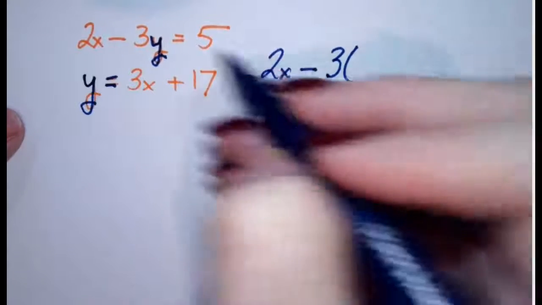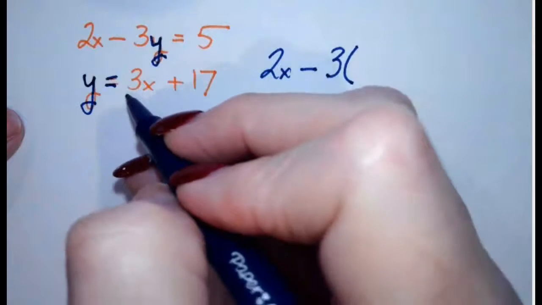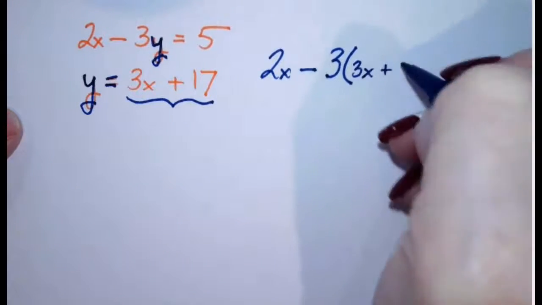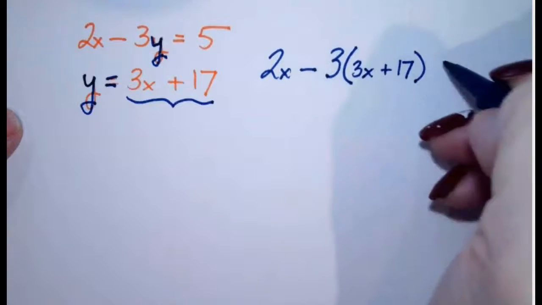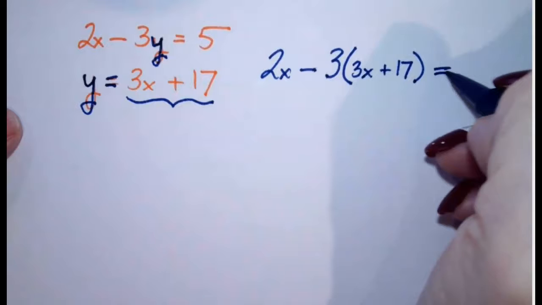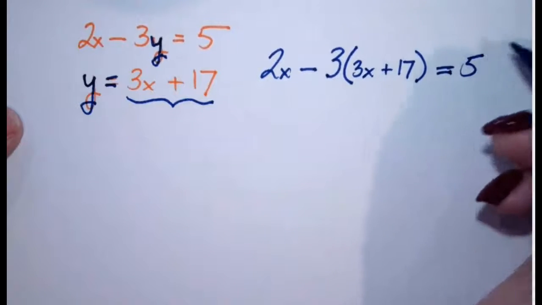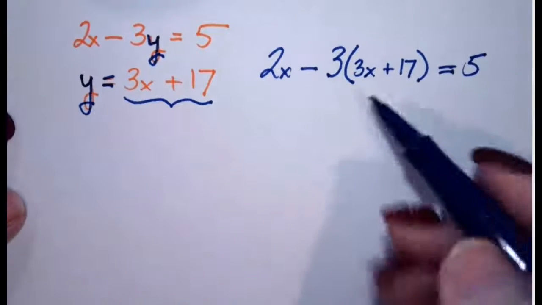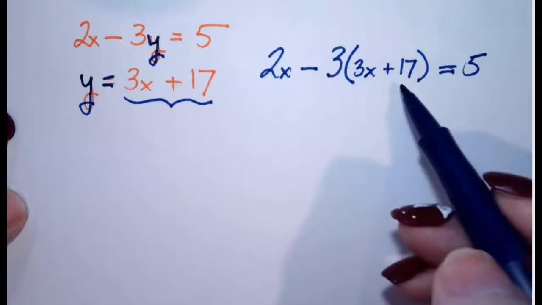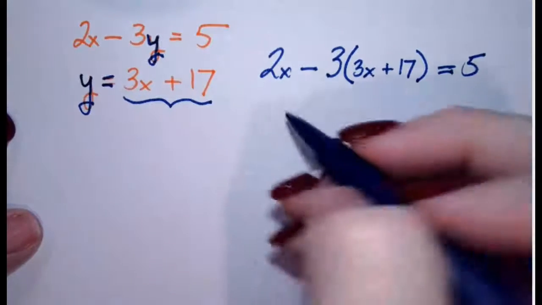Now instead of writing y, I'm going to write all of this stuff. I'm going to write 3x plus 17. And then I'm going to go back and finish this equation, equals 5. So you see, what I've done is this thing right here is y. I just dropped it in. Now it's a solve problem.